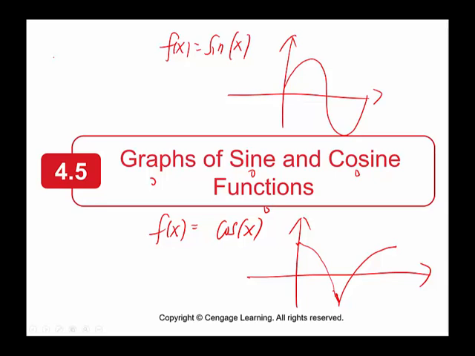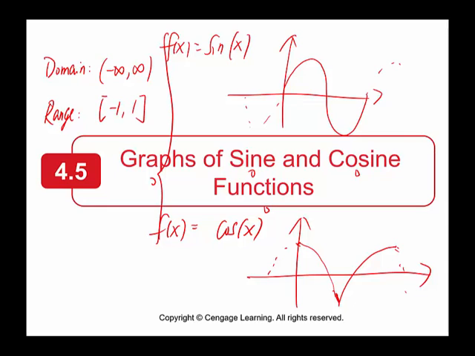And if you look at domain and range, the domain is from negative infinity to infinity, meaning all real numbers, so it extends in both directions. And the range for both sine and cosine functions is from -1 to 1, for those two parent functions.